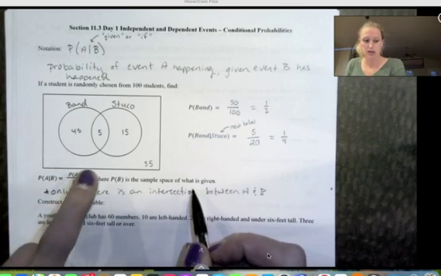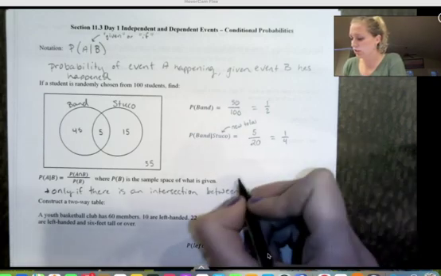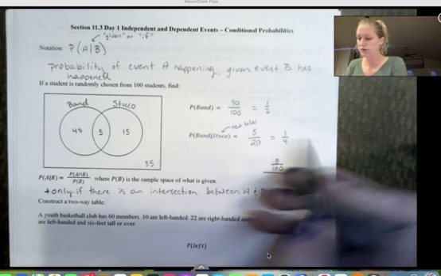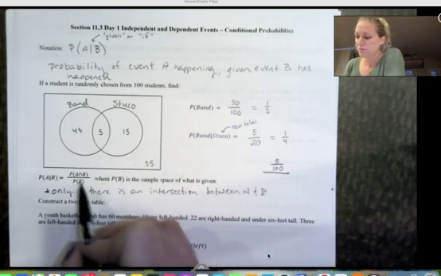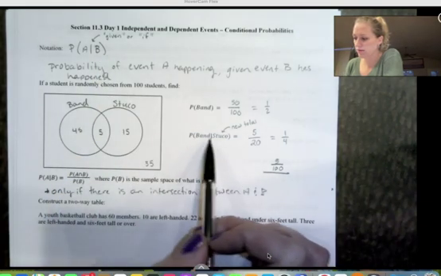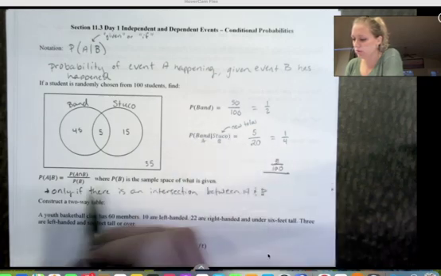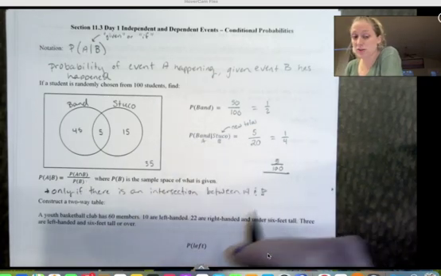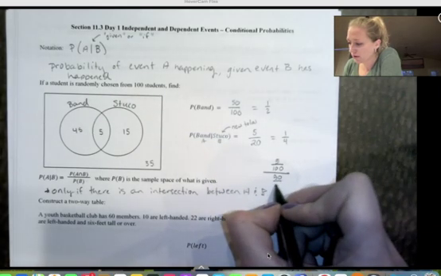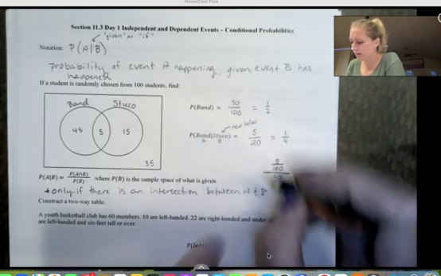So A intersect B: of the 100 students, there are 5 in that intersection. If I use this formula, I'm going to have 5 over 100 over the probability of B. B is student council, right? If I read it this way, this is my A, this is my B. Oh, I'm sorry, I talked about band.